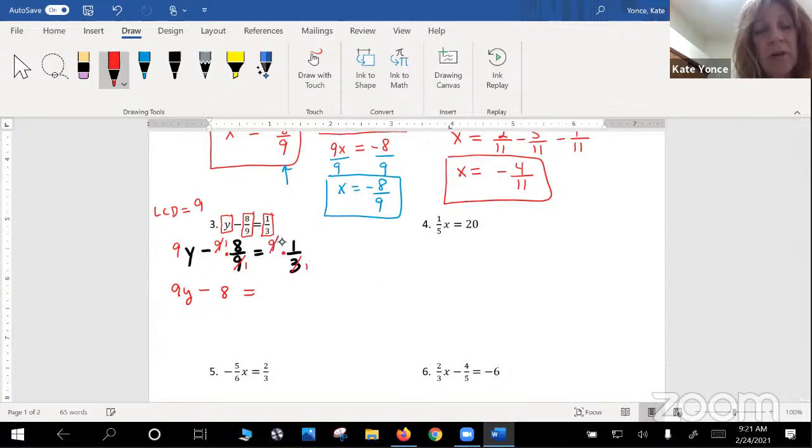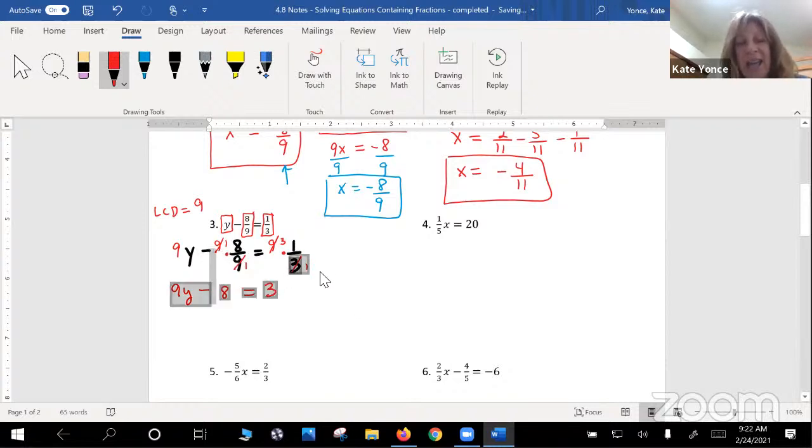So we cross it off and put a 3. So now we're just multiplying 3 times 1. So what are we going to get here? 3. And just like that, we don't have to deal with fractions anymore. I don't have to add 8/9 over to this side and try to find a common denominator. Now I get to just deal with it like a regular equation.